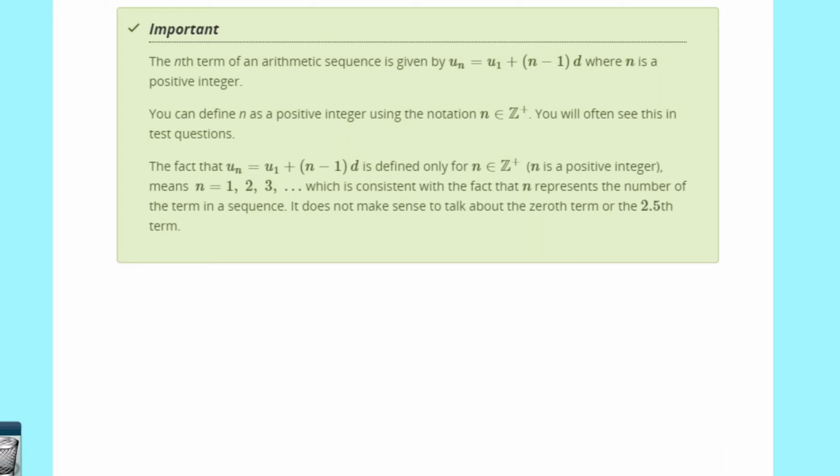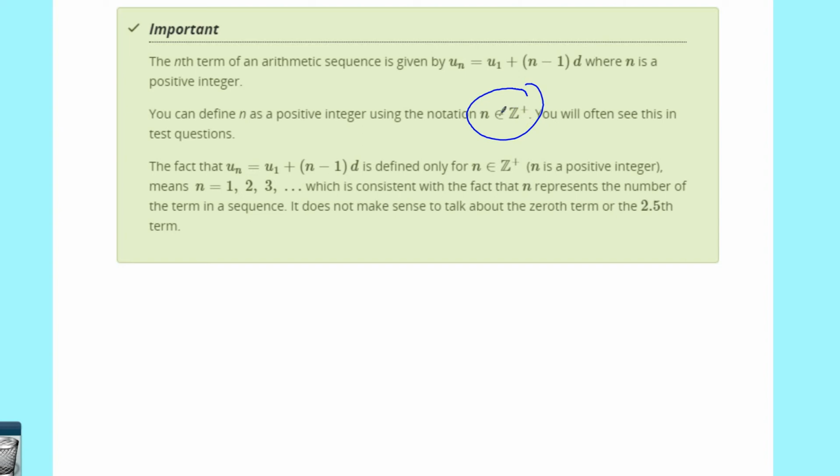Important, another tidbit from Cognity. So the nth term of an arithmetic sequence is given by u sub n. This right here is notation, where n is an element of the integers, Z plus.